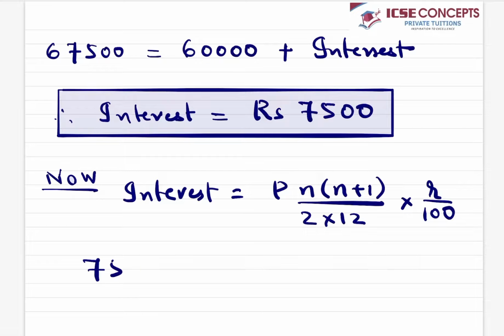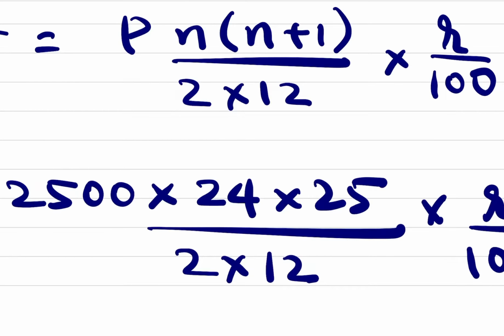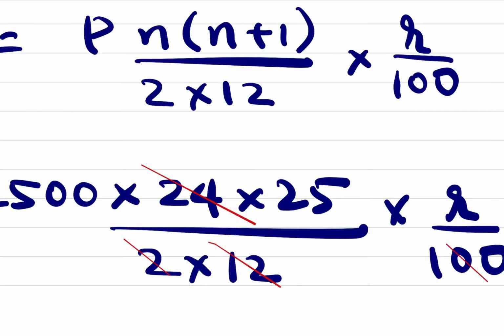So 7,500 is equal to P, which is 2,500, into N, which is 24, into 24 plus 1 is 25, upon 2 into 12, that's again 24, into R upon 100. So you can do cancellations here. 2 and 12 get cancelled with this 24, and these two zeros get cancelled with these two zeros, right?